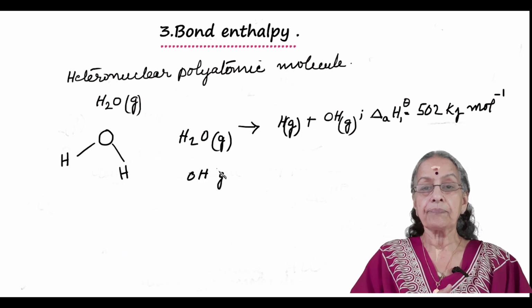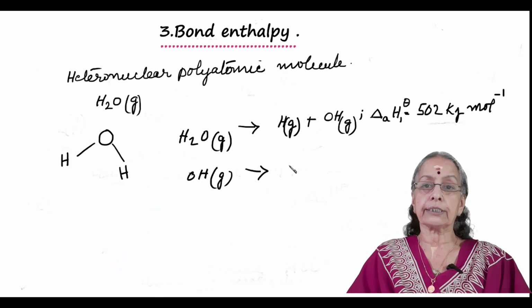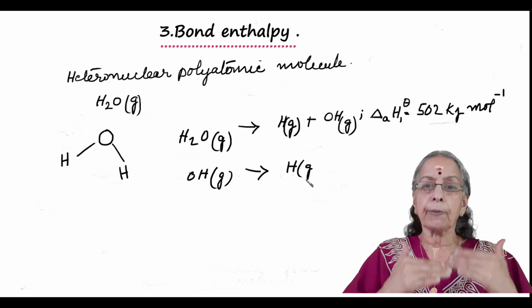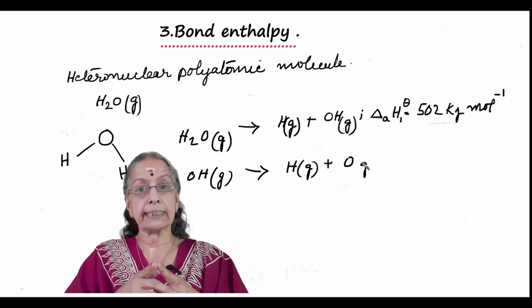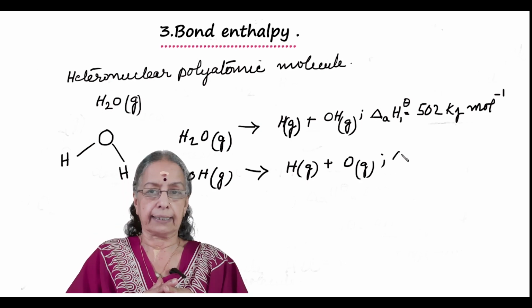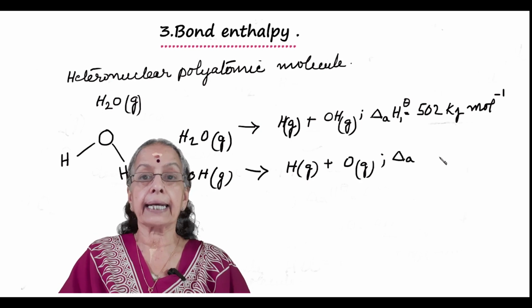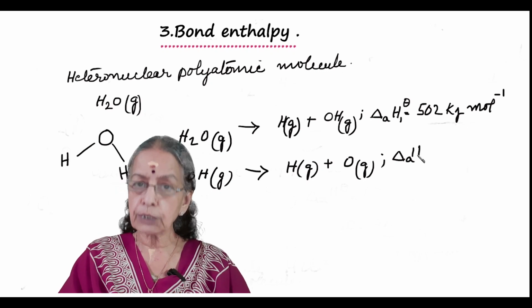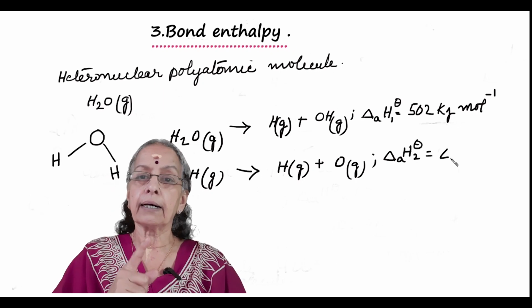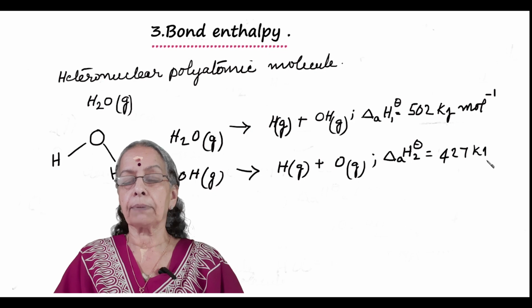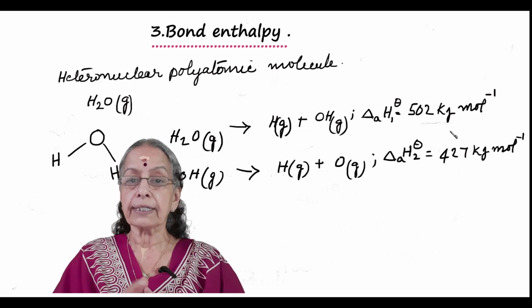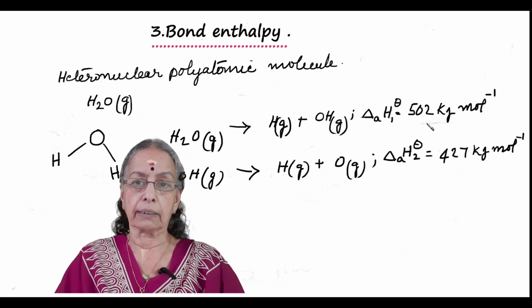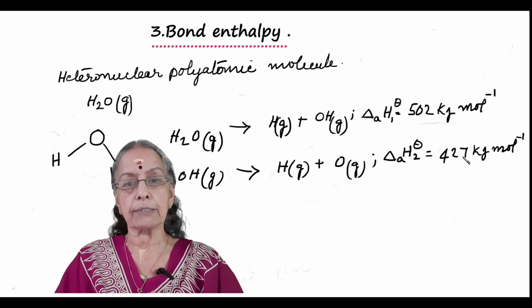The next step, 1 mole of gaseous OH group now absorbs further energy and breaks up into gaseous oxygen and gaseous hydrogen, and molar bond enthalpy 2, that is for breaking the second bond. The molar bond enthalpy is less. Why is it so? It is because of the change in the chemical environment after the first bond has been broken.